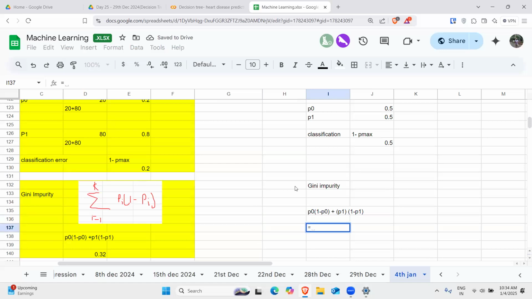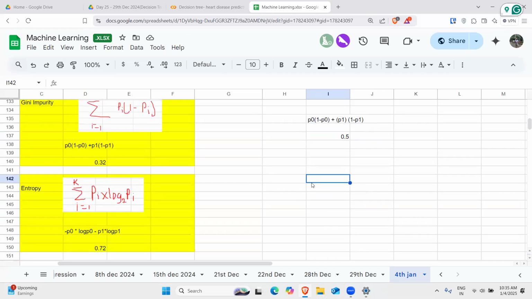That becomes 0.5 into 0.5 plus 0.5 into 0.5. So it becomes 0.5 only.